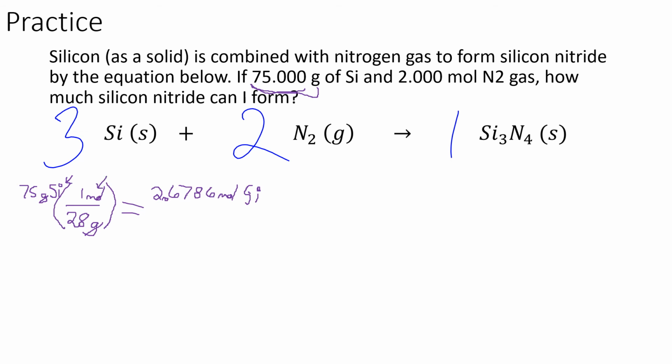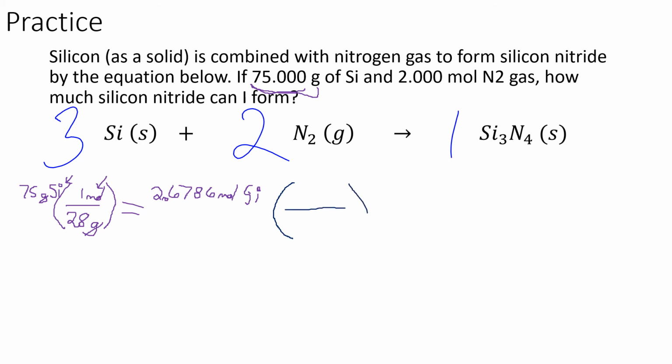So I have 2.678 grams of silicon. Right? Well, I can take from my molar masses above, I'll be able to do something with that. Let's see what that'll do for me.